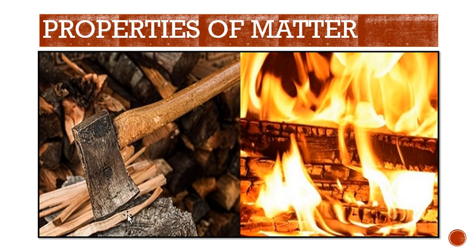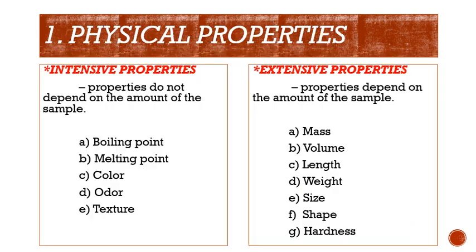But by the time nga ato na siyang gi-change iyang amount, gigagmay nato siya, ang iyahang mass is lesser na or nigamay na iyahang mass. So that is an example.